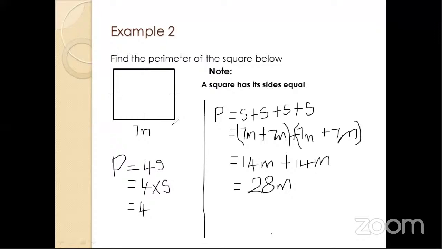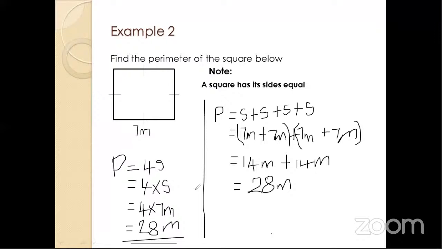So I told you that 4S means 4 times S, which S is 7 meters. So you can multiply 4 times 7 to get 28 meters. So this is our answer. Abigail, you are saying 4 times 7.